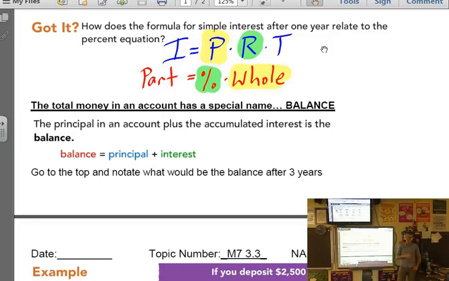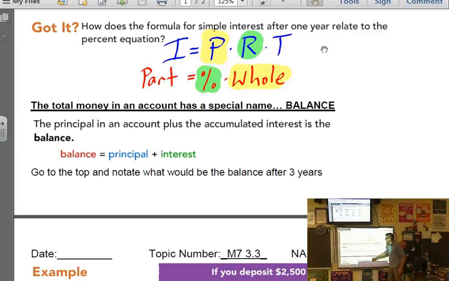What am I missing to compare these two formulas? Hayden? Time. Now, what could I sub in? What number could I replace my t with that won't change anything? CJ? Oh, 1.